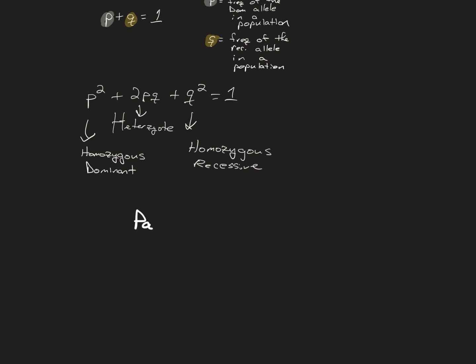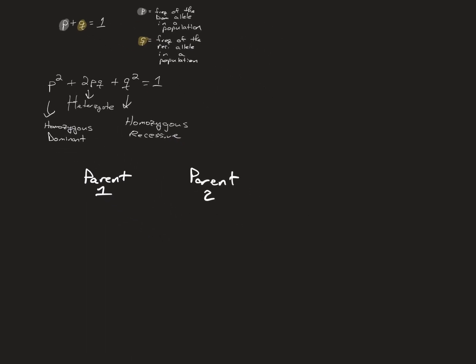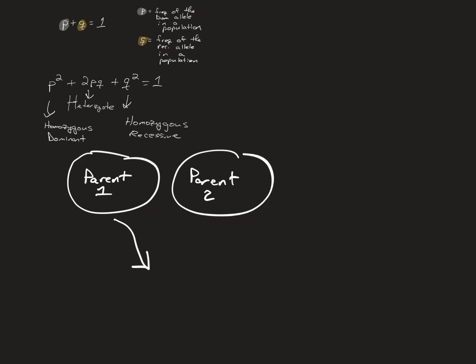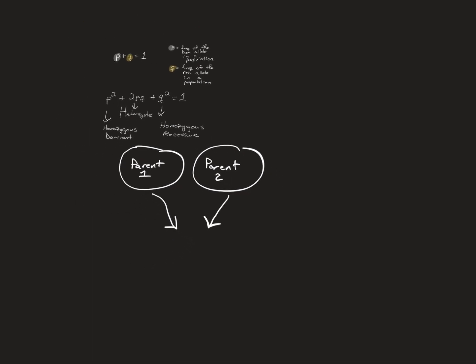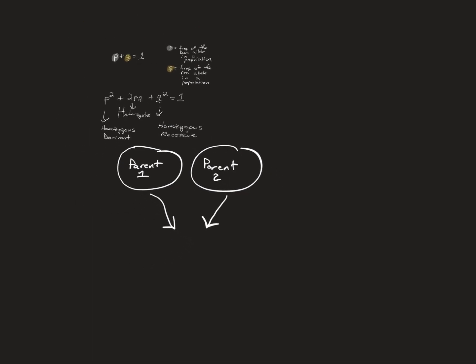You have two genes from each parent. One of those genes is going to be given to its offspring. These parents' offspring is going to get one gene from each.